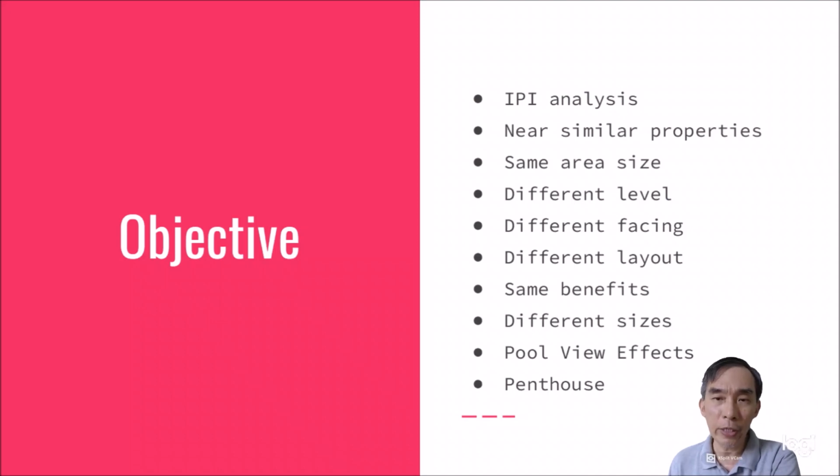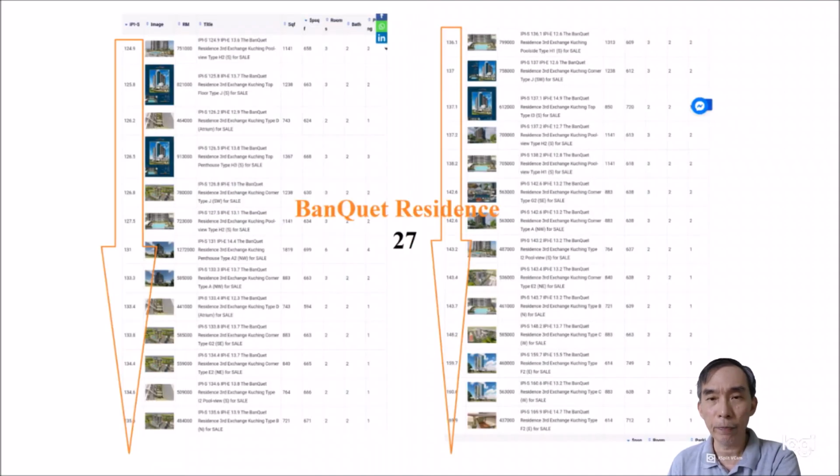So let us see in this recording how I am making this analysis of the project BanQuet Residence using the inter-property index. This is the clear 27 advertisements that I have chosen from the 18-floor project. The arrow pointing down means the IPI is increasing.